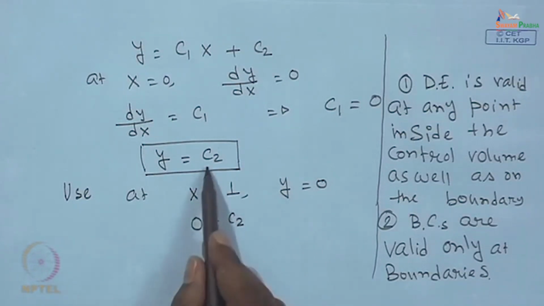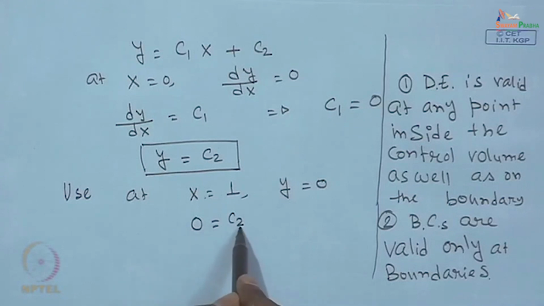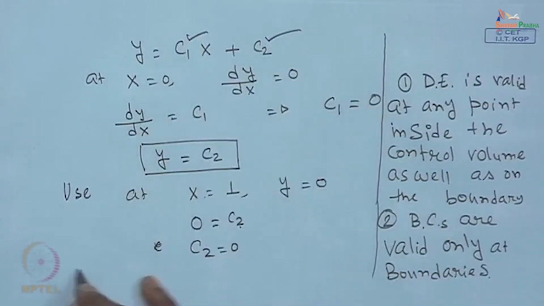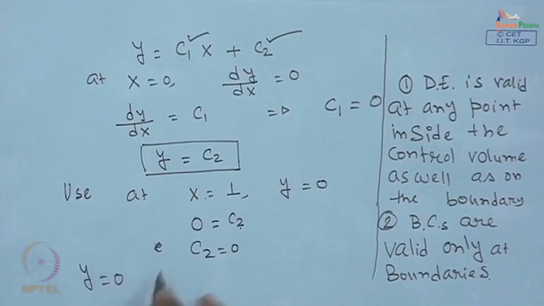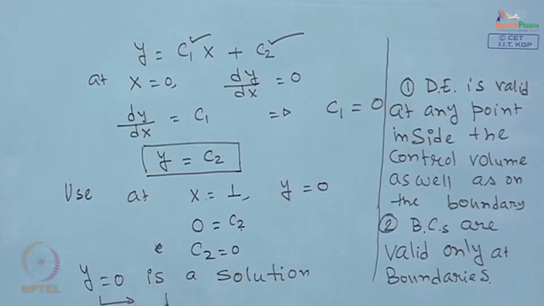So, these two can go hand in hand if and only if we put y is equal to 0 is equal to c 2. So, therefore, c 2 becomes 0, and if you look into the solution, c 1 is 0, c 2 is 0. So, you will be getting y is equal to 0 as a solution. And if you remember, this is a trivial solution.